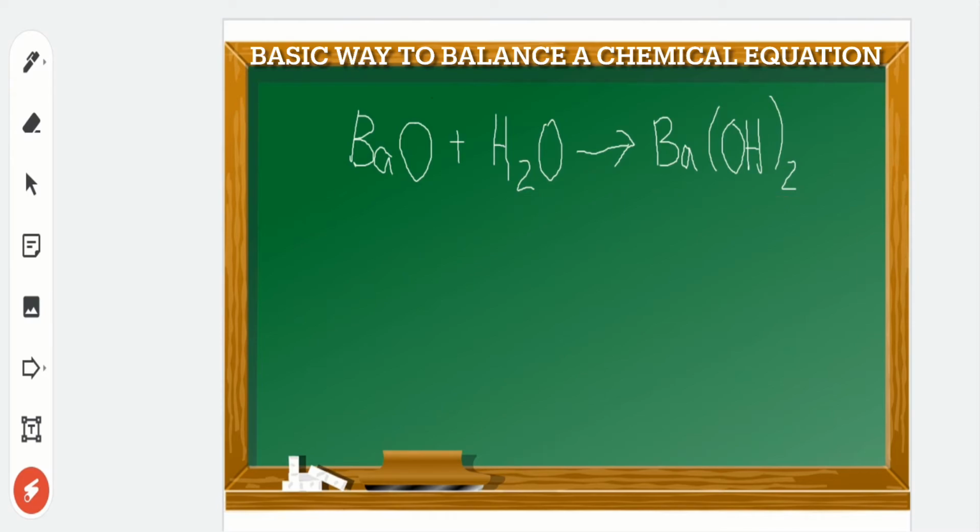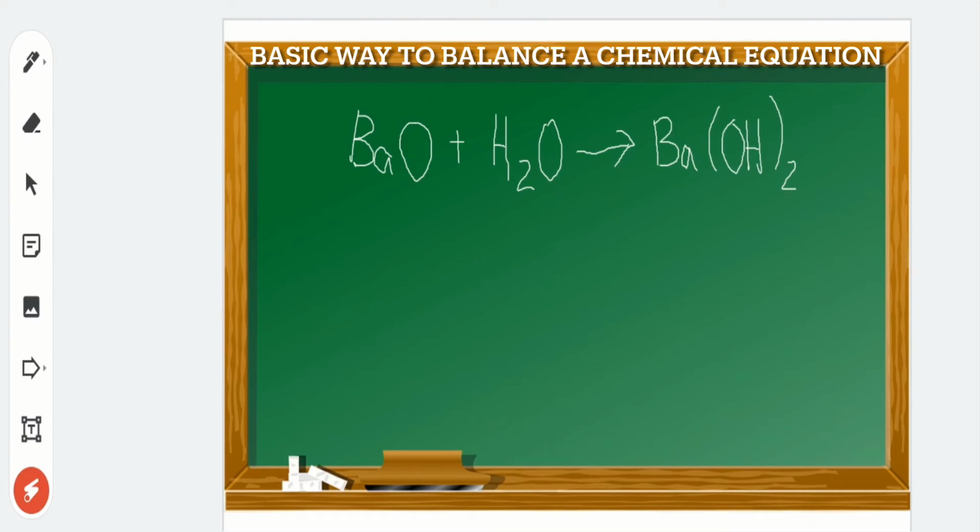So, kung may makikita kayong chemical formula at dito may naka-parenthesis, ibig sabihin, yung subscript dito, i-multiply mo dito sa element na nasa loob nitong parenthesis. Okay? So, let's say, for example, again, merong subscript dyan na 1. So, 1 times 2, that gives us 2 atoms of this oxygen dito sa product side.